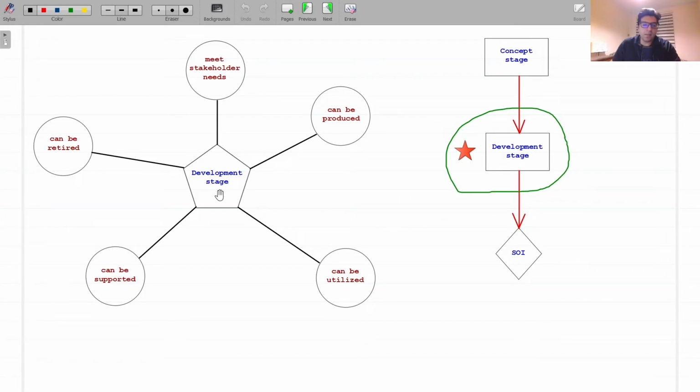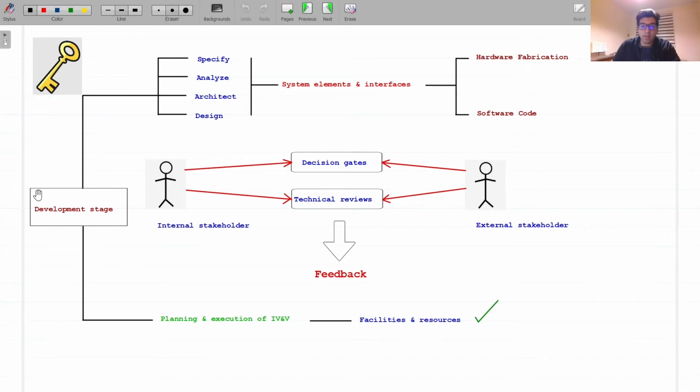System analyses are performed to achieve system balance and to optimize the design for key parameters. One of the key activities of the development stage is to specify, analyze, architect, and design the system so that the system elements and their interfaces are understood and specified.